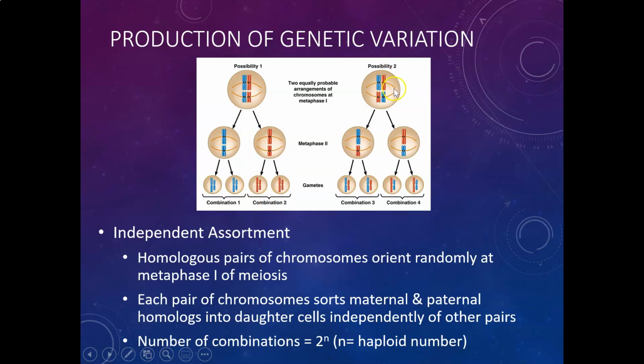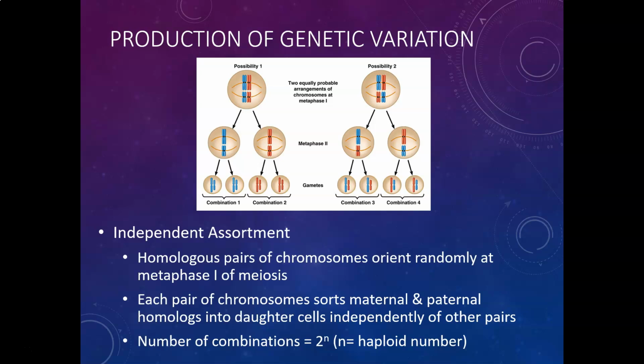Or I could also have them line up like this, where I get chromosome 1 of dad's going this way, chromosome 2 of mom's going this way, and then mom's 1 goes this direction, dad's 2 goes this way. And now I end up with half and half. And so these are also different combinations. And when I look at the organism as a whole, in this case, all 4 of those combinations would be floating around in the gametes that they produce.